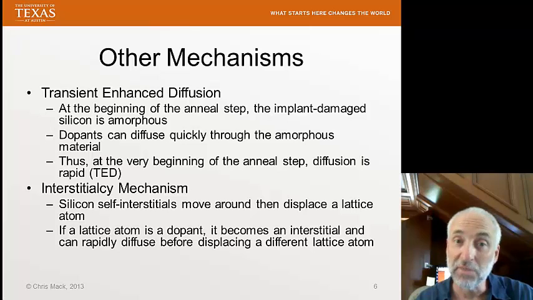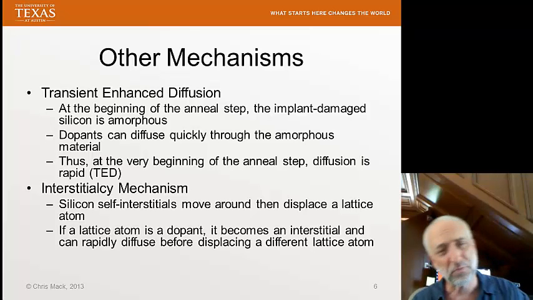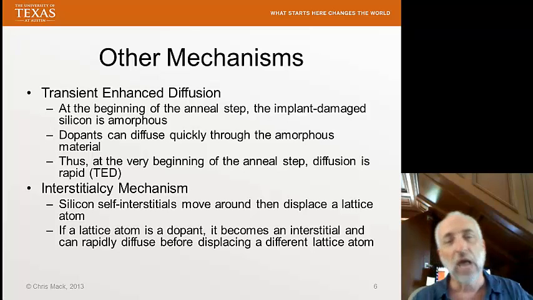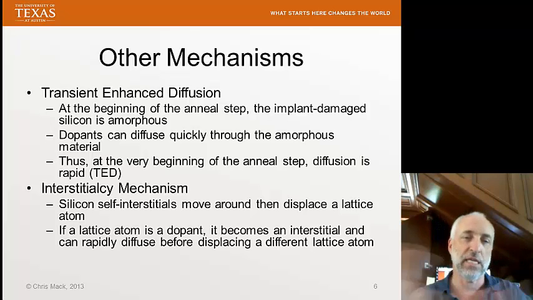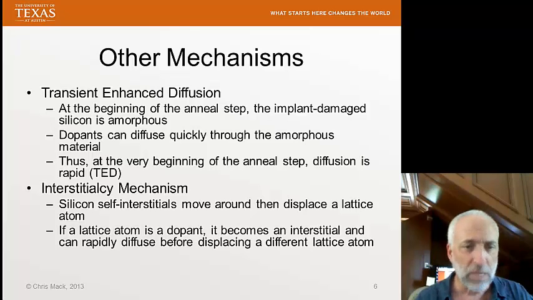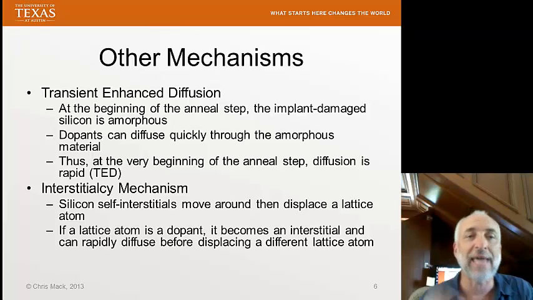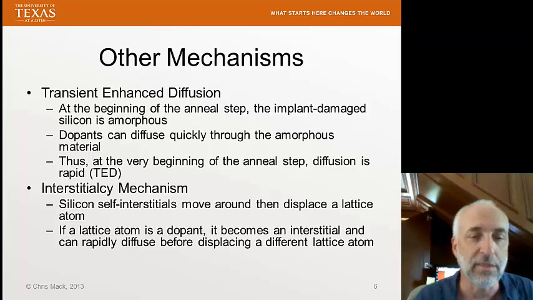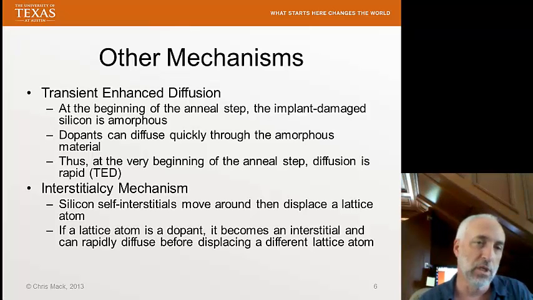Another mechanism of diffusion is called interstitialcy diffusion. Now, this is a little bit different than the diffusion of interstitials. Think of it like this. I've got a crystal lattice and it's full of silicon. But, especially at high temperatures where the crystal is not in its perfect form, we might have some silicons that are hanging out not in the crystal lattice.